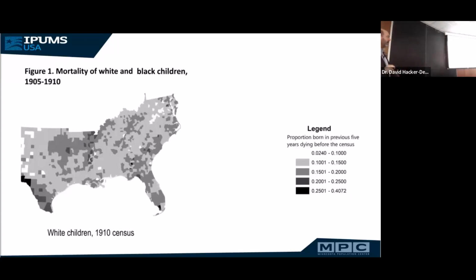I do want to point out that when you have a mortality regime that's dominated by infectious disease, you're going to get large spatial differentials in mortality by the disease environment. And here it's malaria, probably, diarrhea again. This is the white population.